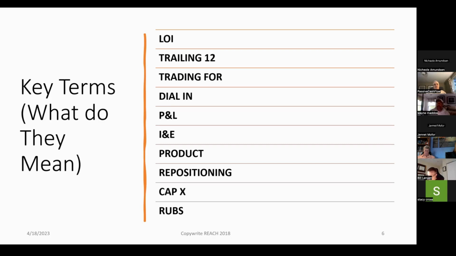The common criteria that people use are the number of residents in a unit. Sometimes you'll see it's just by the number of units.